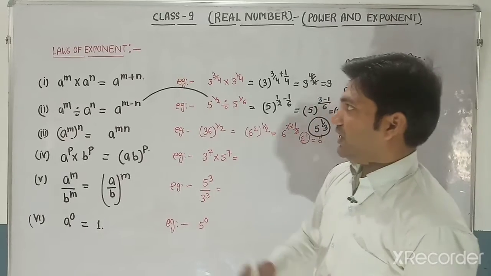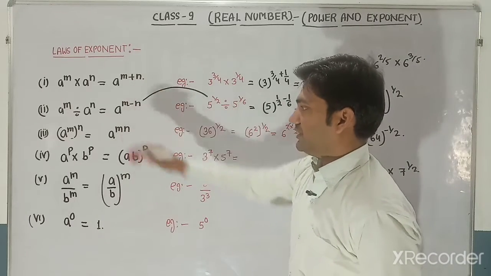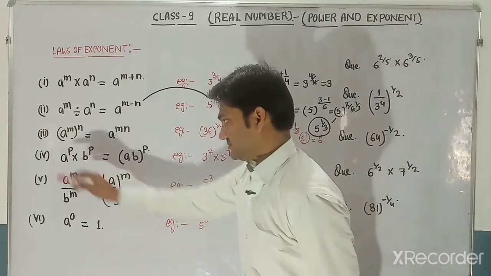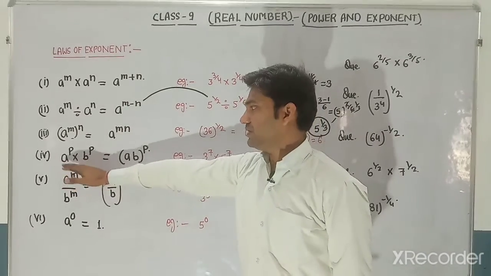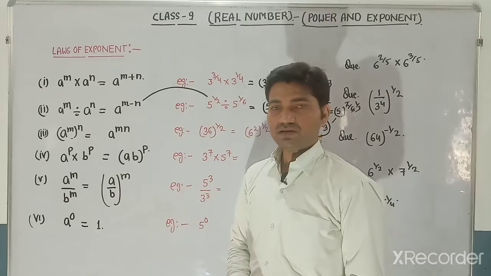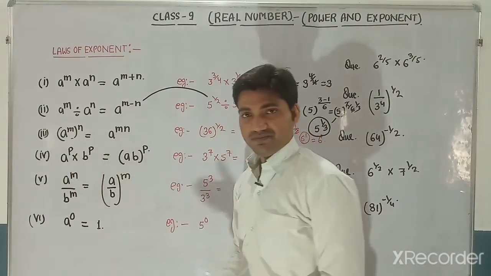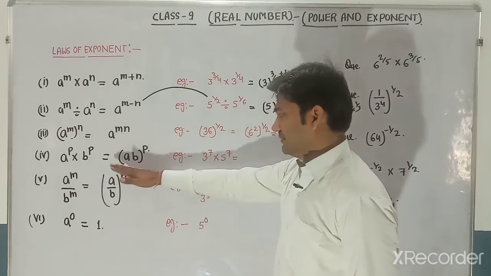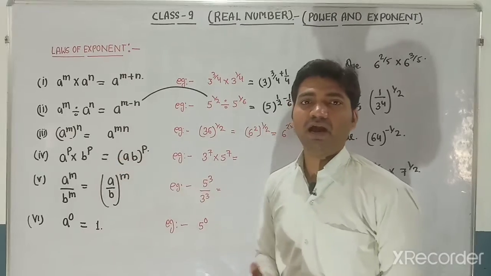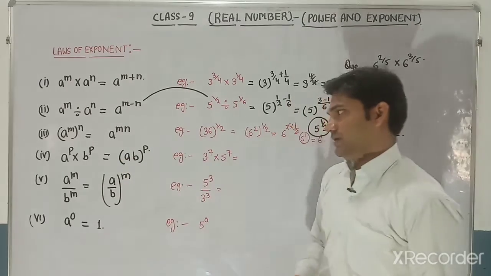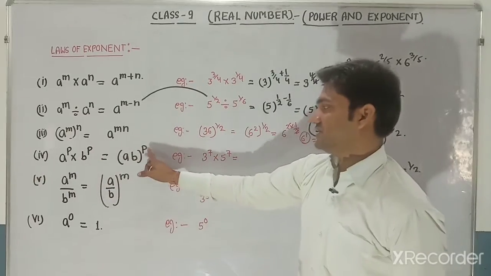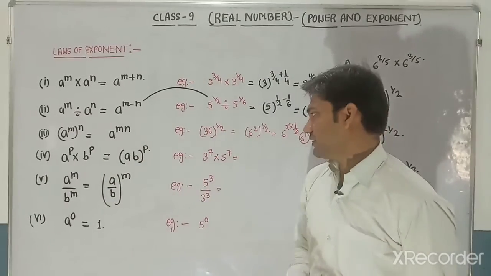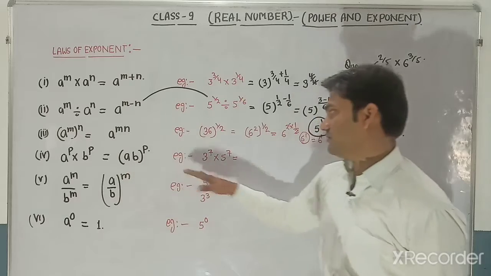This is the third law of exponents. Next is the fourth law: if a power p into b power p, where both powers are the same, then the result is a into b whole power p. It means we multiply both a and b, and the power is the same whole power p. How do we apply this formula?